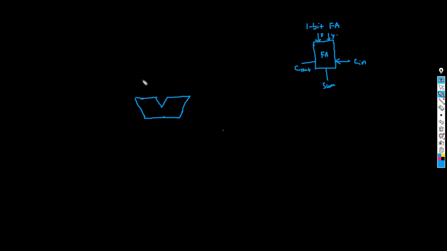So when it comes to the ALU, say for example this is A, 4-bit. Now say this is B, 4-bit. Now say this is your sum and then your carry out, or whatever it is. Now say this is the ALU.